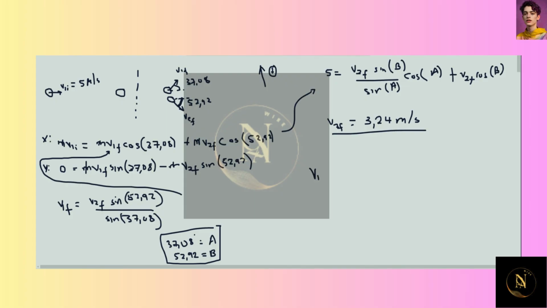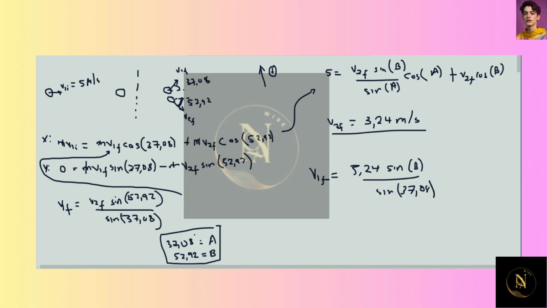So v1f is equal to this v2f, 3.24, multiplied by sine 52, which is sine of angle B, over the sine of 37.08, which is angle A. You can go ahead and compute that.